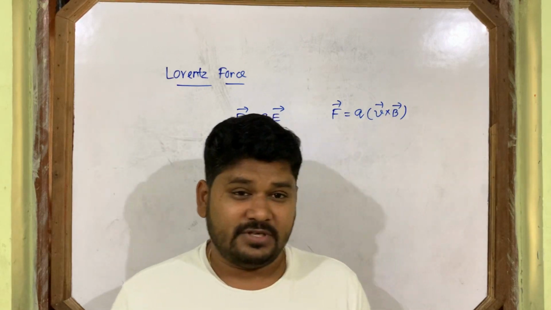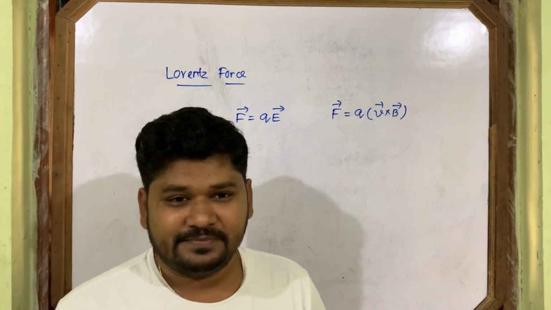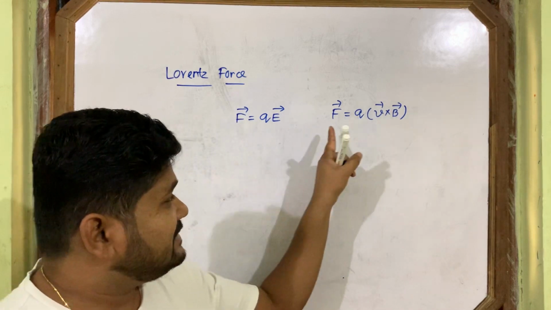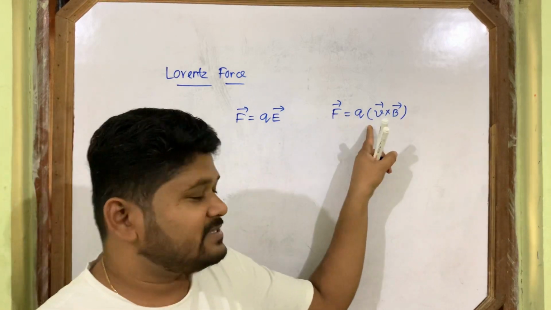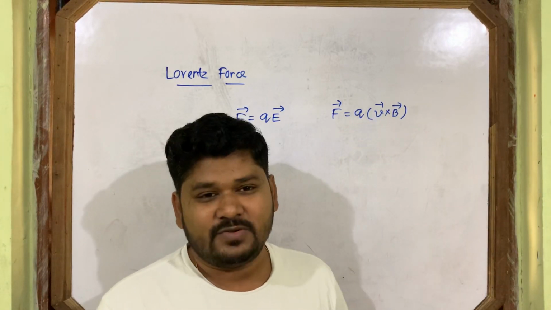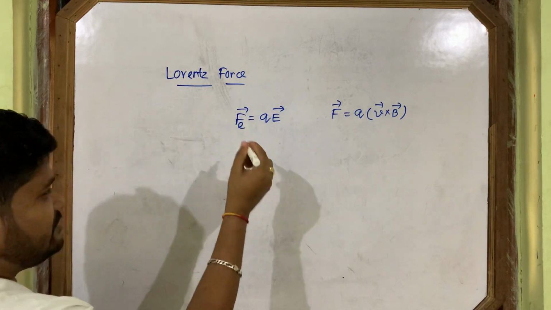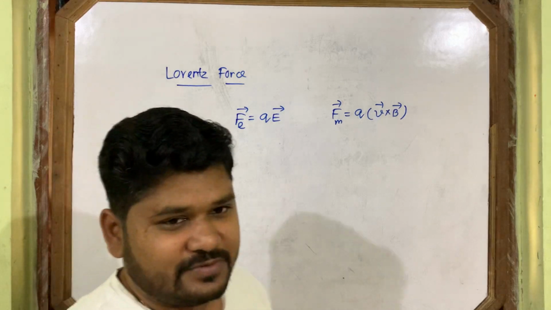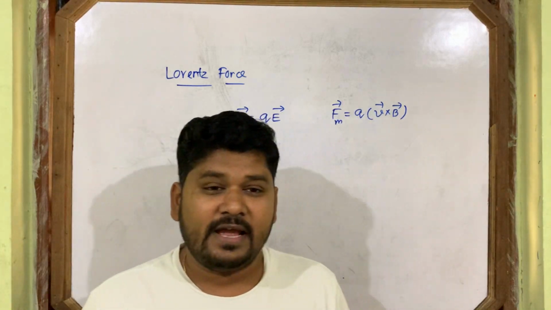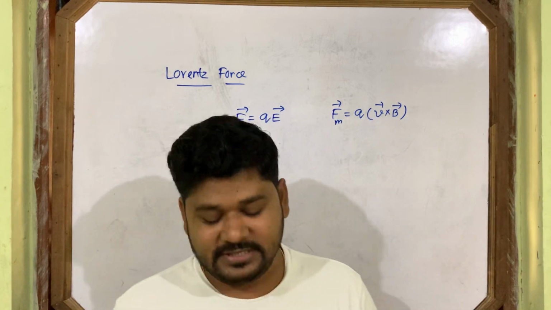Now the time comes to mention clearly about this F, because earlier this was separate and that was separate, but now when both come into action, we have to write E for electric force, M for magnetic force. Both electric field and magnetic field apply force on the charged particle.